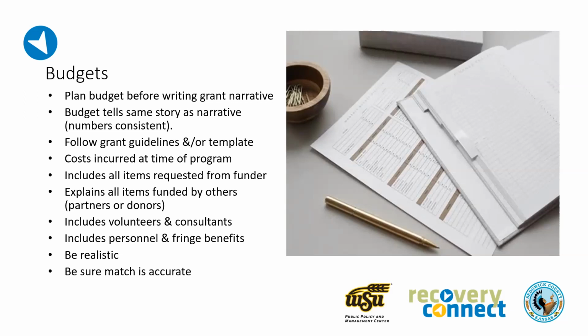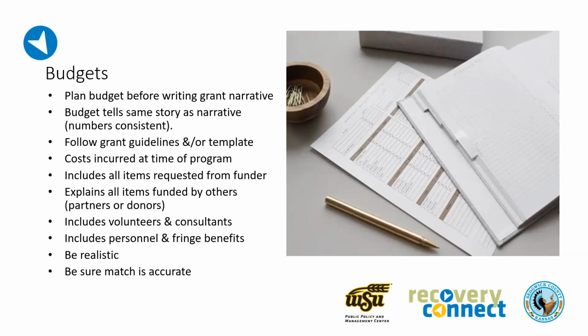You want to list everything that you are requesting from the funder. So everything you're asking them to pay for would show up in the budget. And then any items that are donated towards your project from either partners or donors would also be listed in the budget.